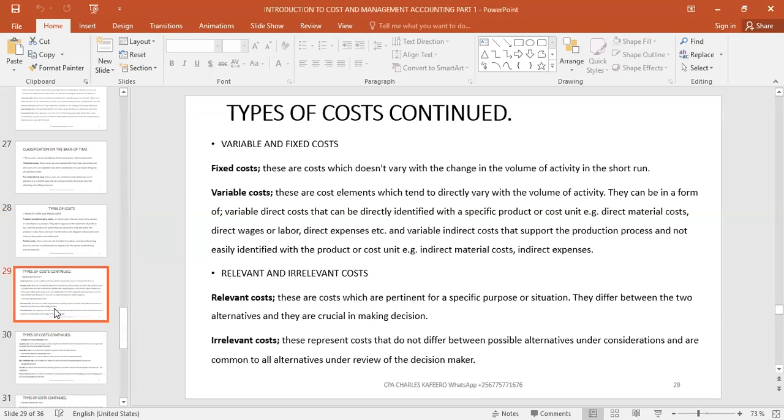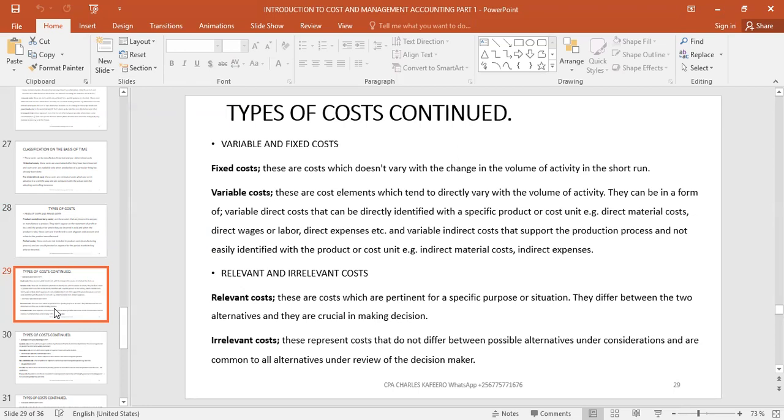The second type of cost, we have the variable and the fixed costs. Fixed costs are costs which do not vary with the changes in the volume of activity in the short run. That one I explained, and I will add that whenever you are giving a definition for fixed costs, you go ahead and add either in the short run or within a relevant range.